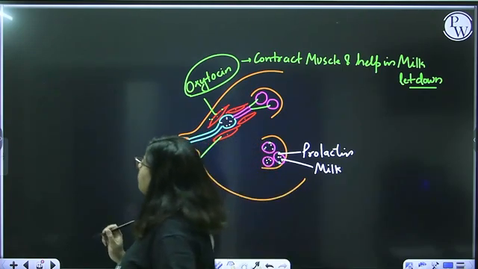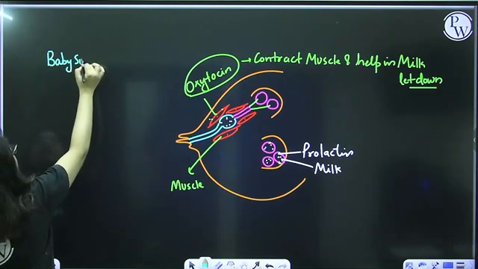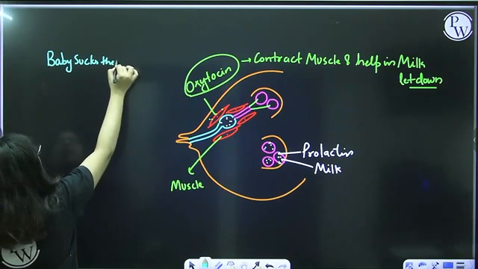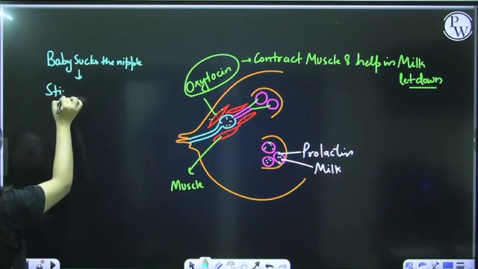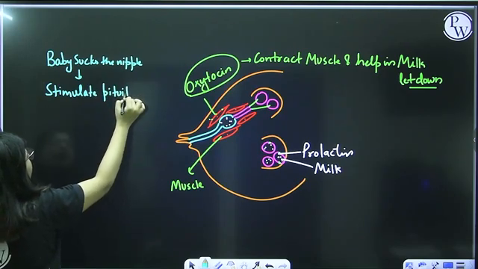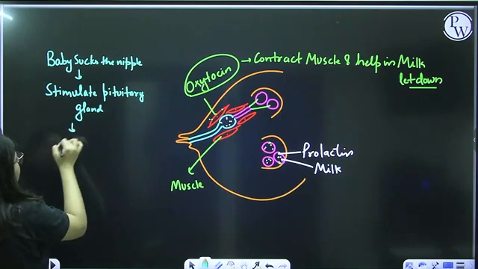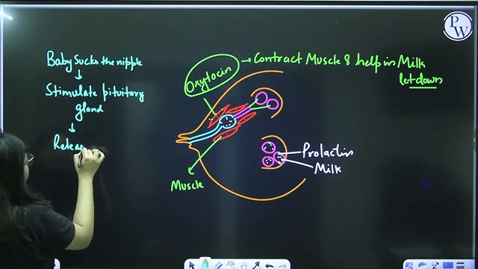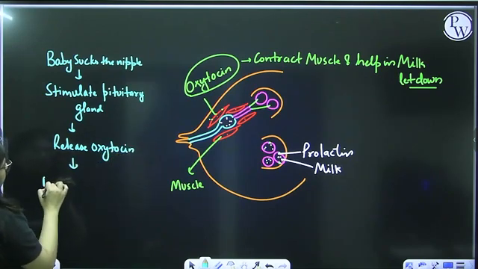So when the baby sucks the nipples, this will stimulate the pituitary gland. Now the pituitary gland will release oxytocin, and oxytocin will help in milk let down.